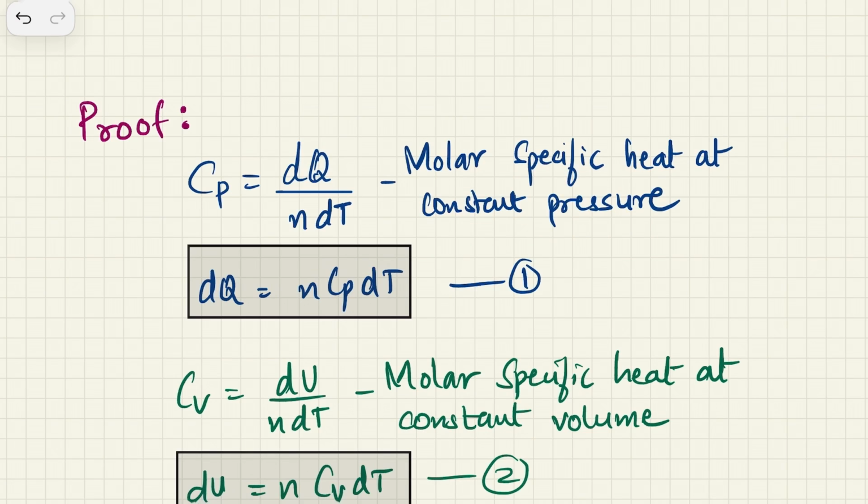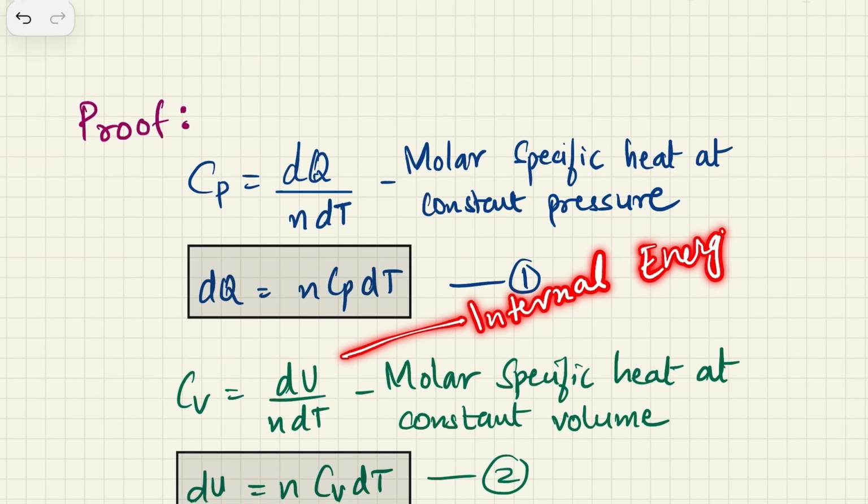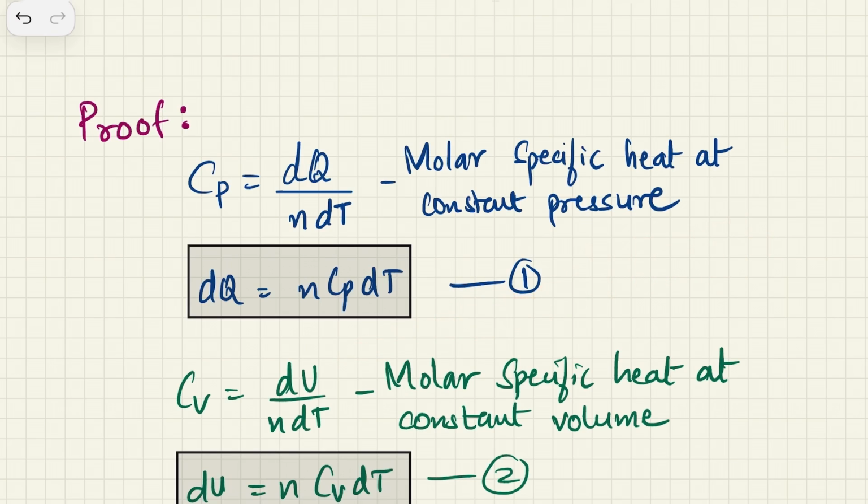The formula remains the same. The only difference is this is the heat energy supplied, and this is the change in the internal energy. Again, internal energy and the first law of thermodynamics are topics to be discussed in a separate video, but as of now we are trying to derive Mayer's equation, so just focus on those things.